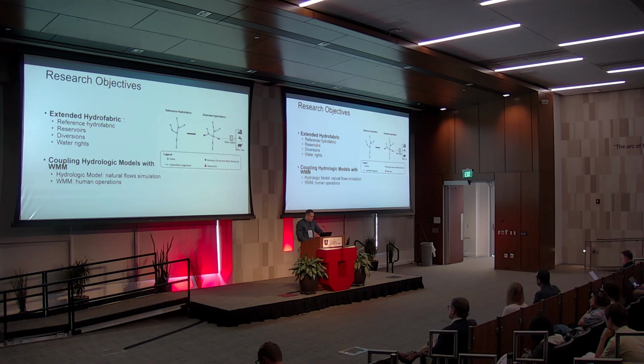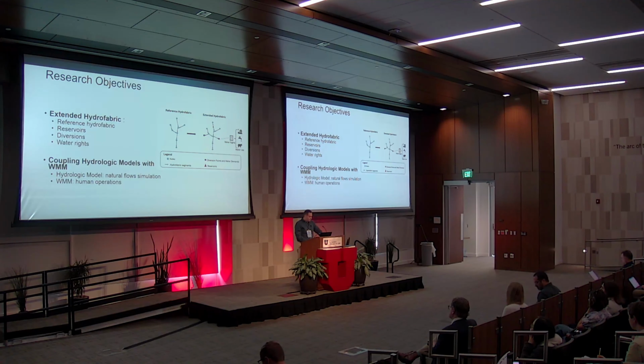To address these limitations, we developed the extended hydrofabric. This framework extends the national reference hydrofabric by integrating three major categories: reservoirs, diversions, and water rights. Our goal was to create a model-ready structure that supports efficient storage, scoring, and direct integration with water management models.